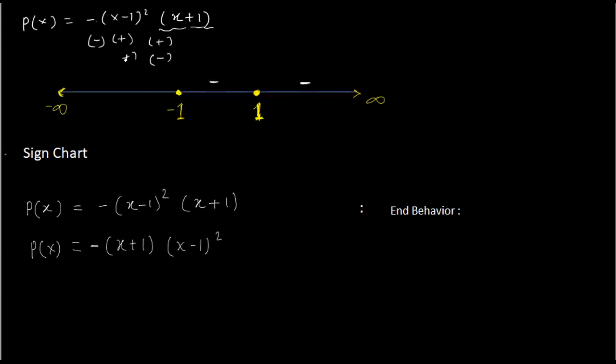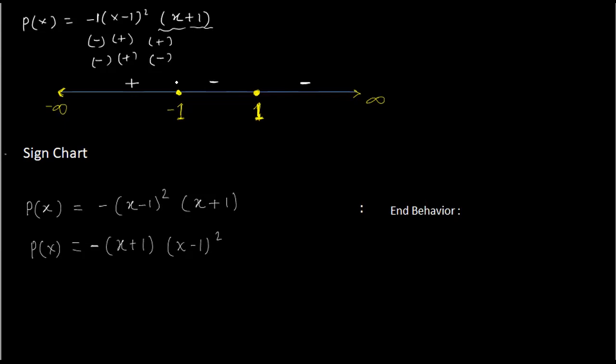This term is always positive, and this term is negative. We can write this as -1 also. So the product of all three terms is positive. So the sign chart is very simple for this polynomial. If x is more than -1, then our polynomial is negative.